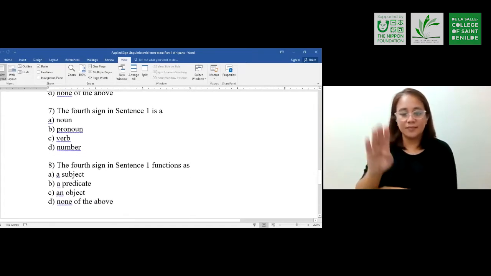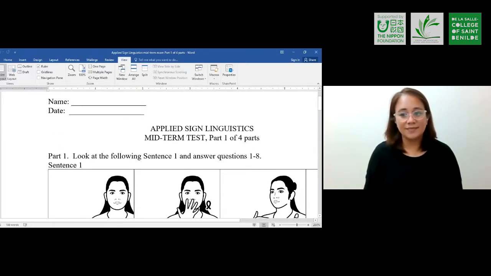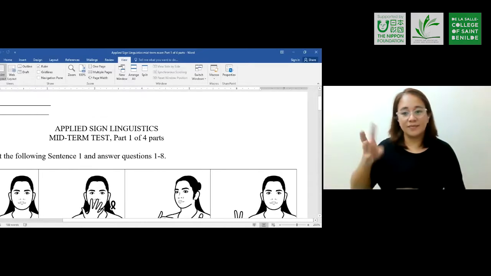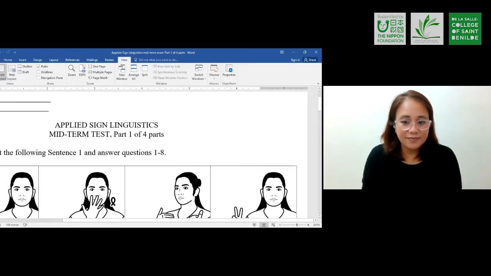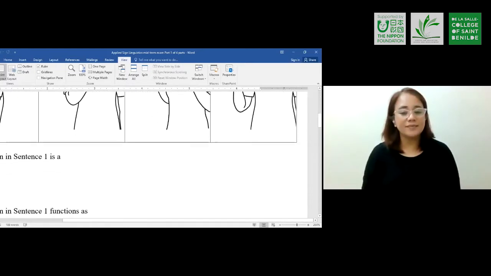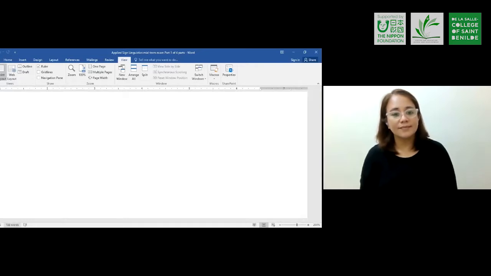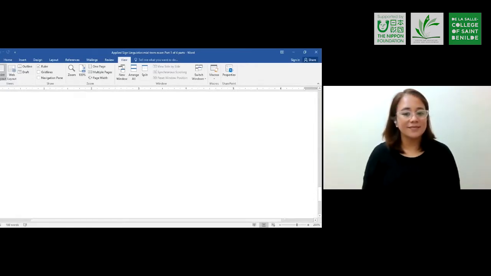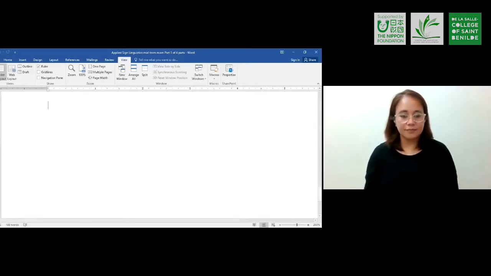The fourth sign in the sentence. This is the fourth sign. Cursor is not moving properly.